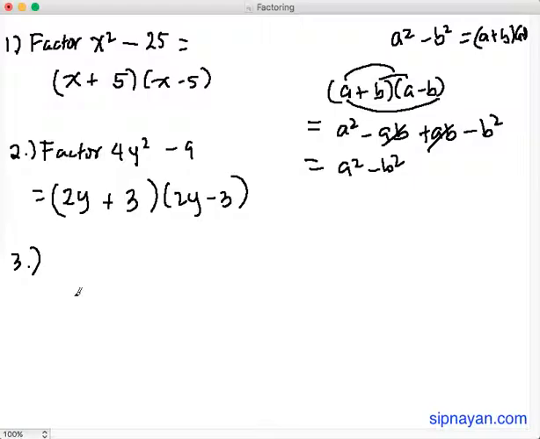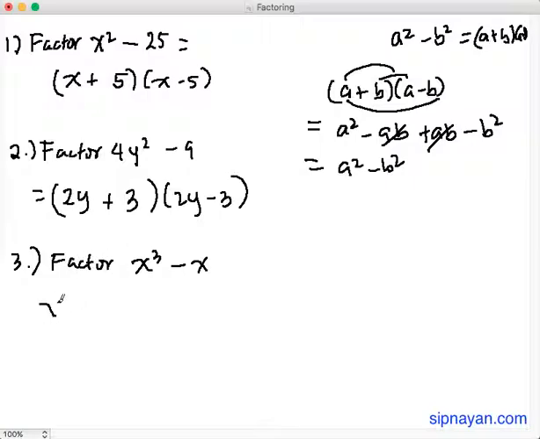Number 3 is x cubed minus x. So you won't see a perfect square, but you can actually factor out x.